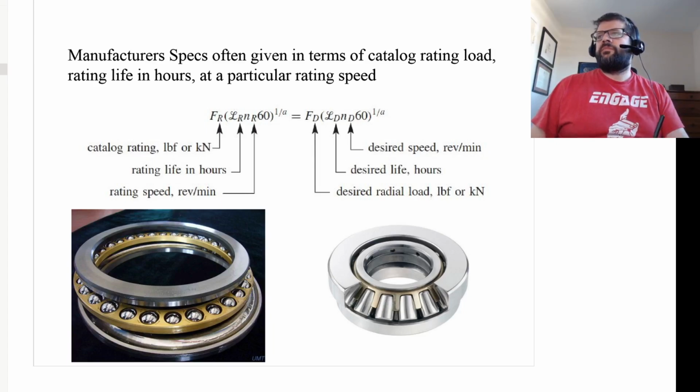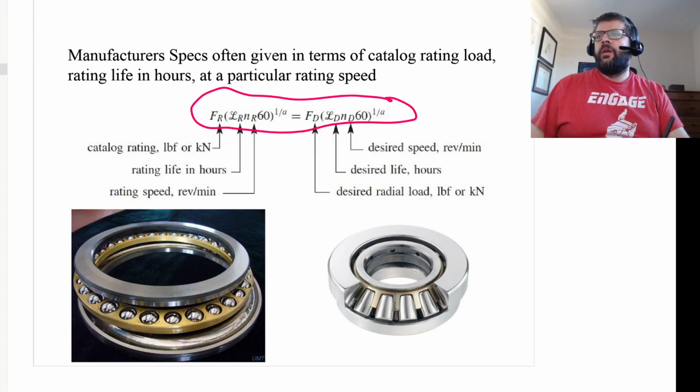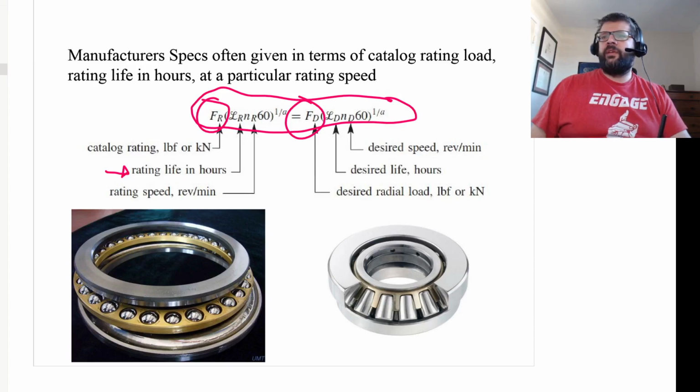Then basically you just plug it into this equation here, where you need to take into account the catalog rating load versus the load that you want. They're going to tell you the rating life in hours, and that will have been done at a particular rating speed.